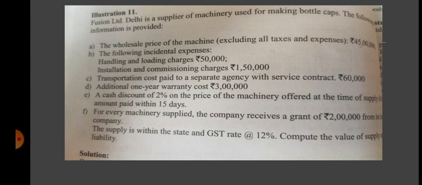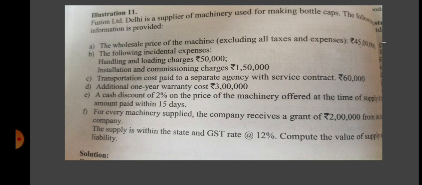Before that, I'll give the explanation. Here the supplier is nothing but Fusion Limited, Delhi, a supplier of machinery. They are in the manufacture of bottle caps, and they are supplying that, and the information is given. The wholesale price of the machine is given, that is the supply, 45 lakh, and they are telling excluding all taxes and expenses.